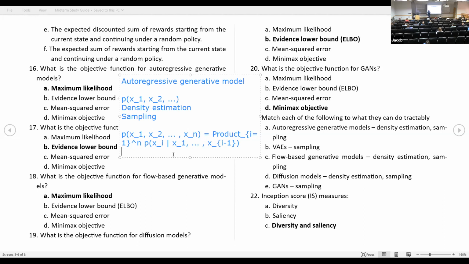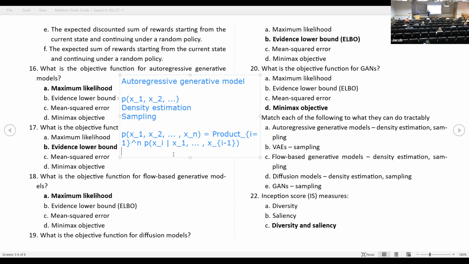That gives us the exact probability of the sentence, how are you? Okay, so are we able to use autoregressive generative models for density estimation? The answer is yes. We just talked about how to do it, right? We get the probability of each successive item conditioned on the things coming before it.